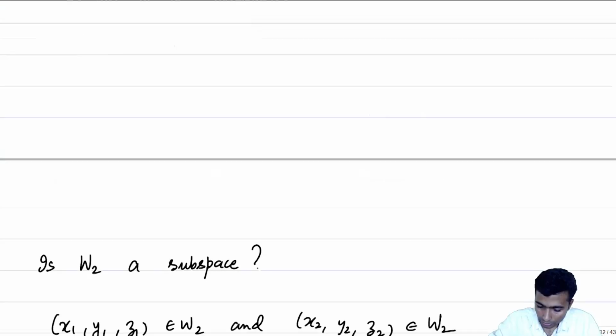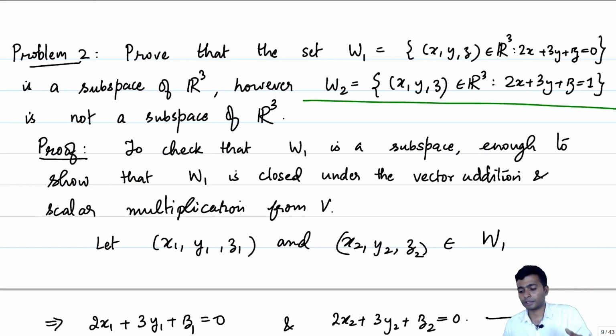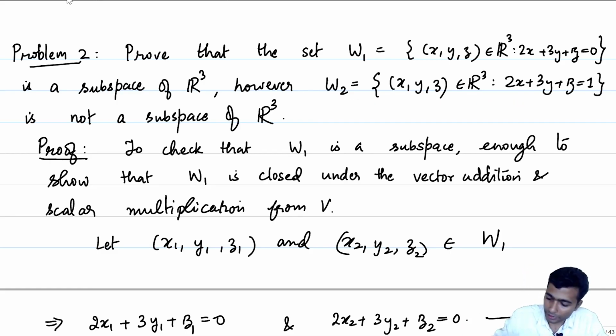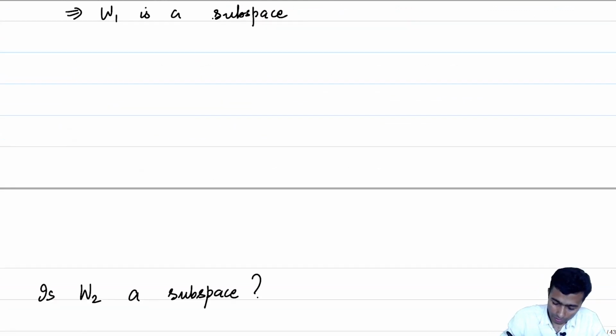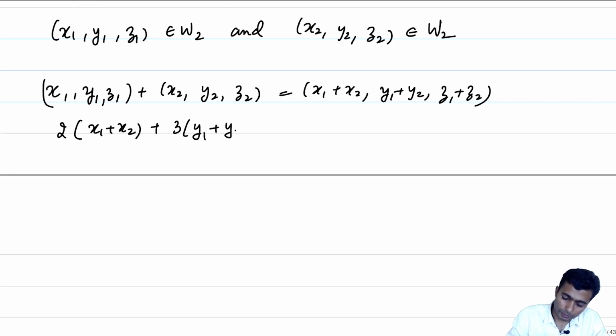Recall that W2 is defined in this manner. I am underlining it in green: 2x plus 3y plus z, the linear combination of the coordinates, should be equal to 1. That is the requirement. So let's look at 2 times (x1 plus x2) plus 3 times (y1 plus y2) plus (z1 plus z2).